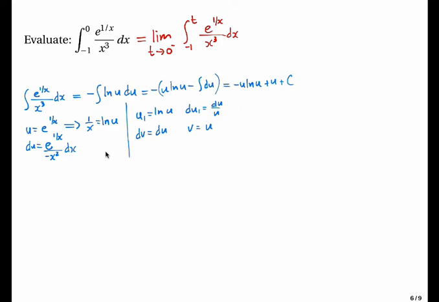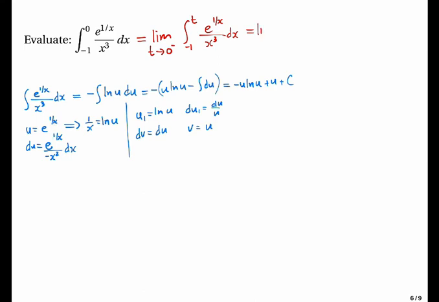But u is equal to e to the 1 over x. So let us write that in here. With the substitution u equals e to the 1 over x, we bring back e raised to 1 over x.